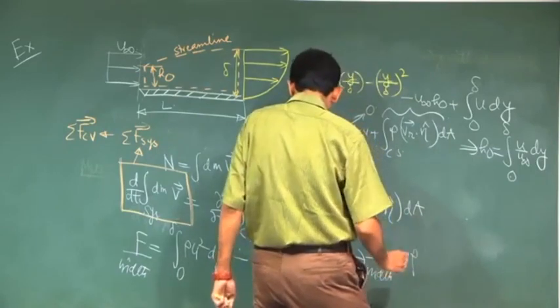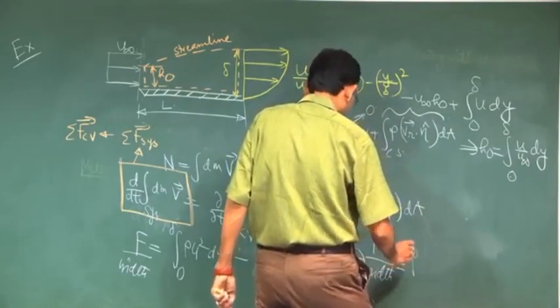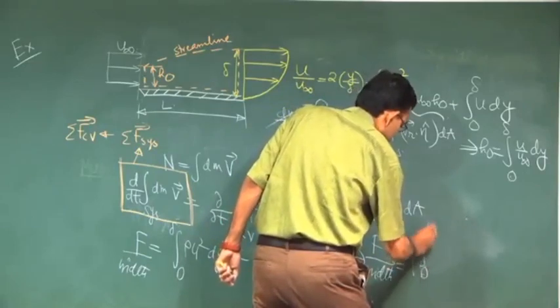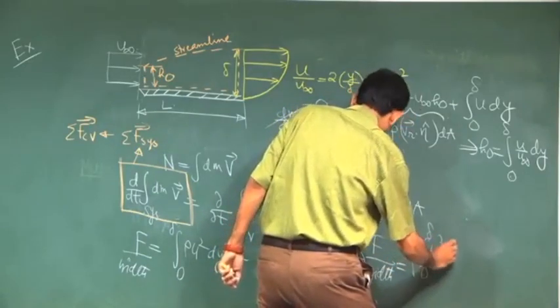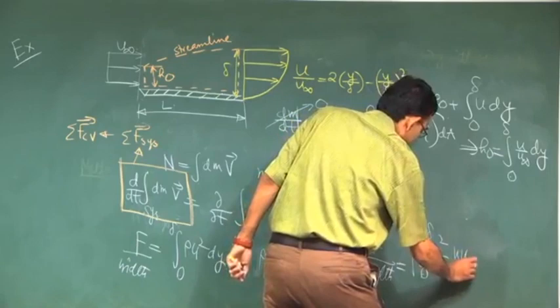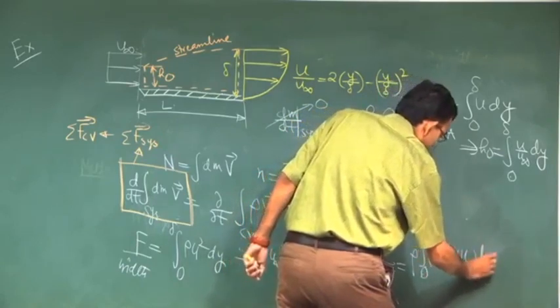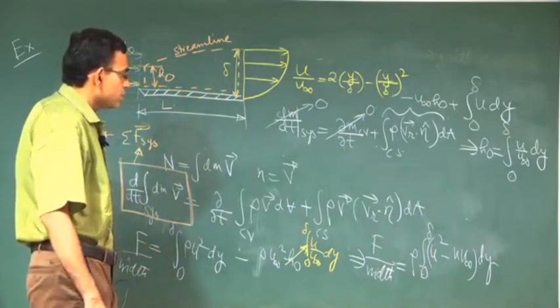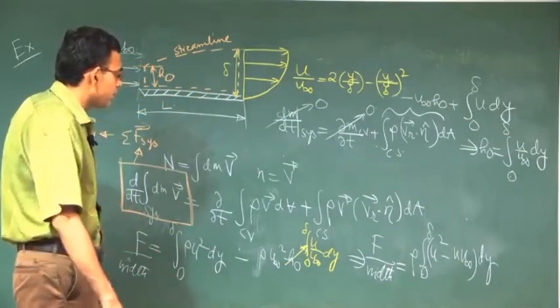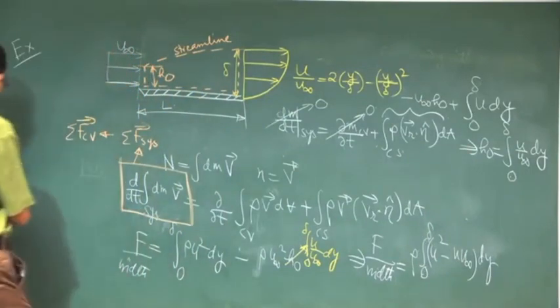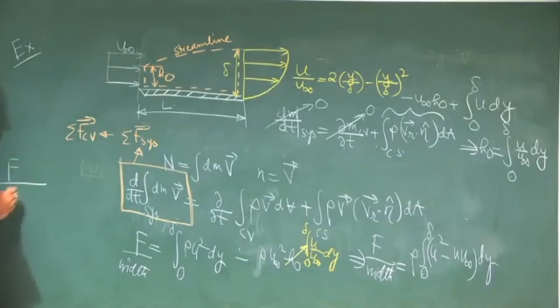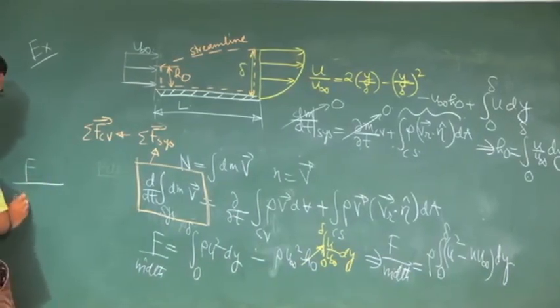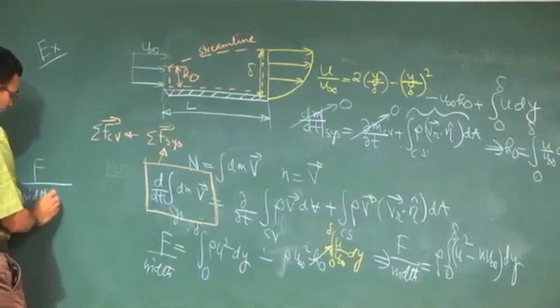Rho is constant, you can express it in a simple way by dividing both the sides by rho u infinity square, just normalize it.